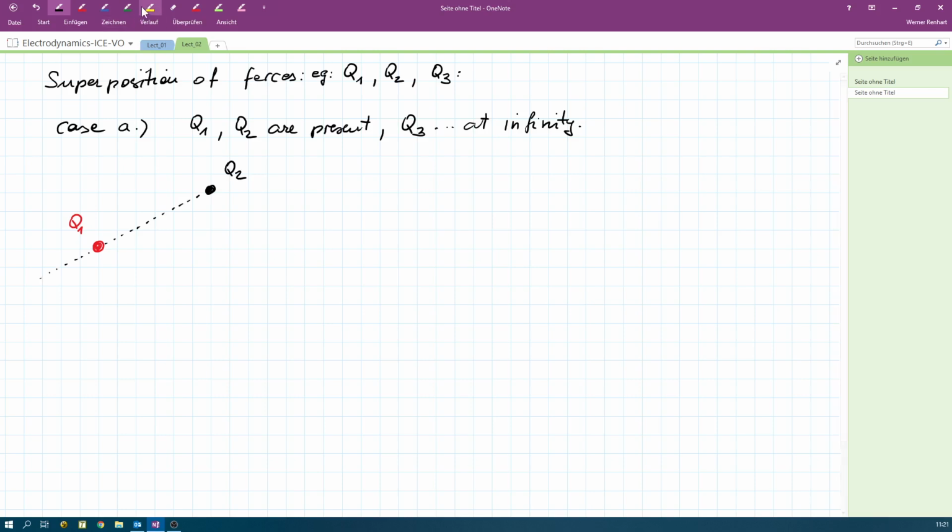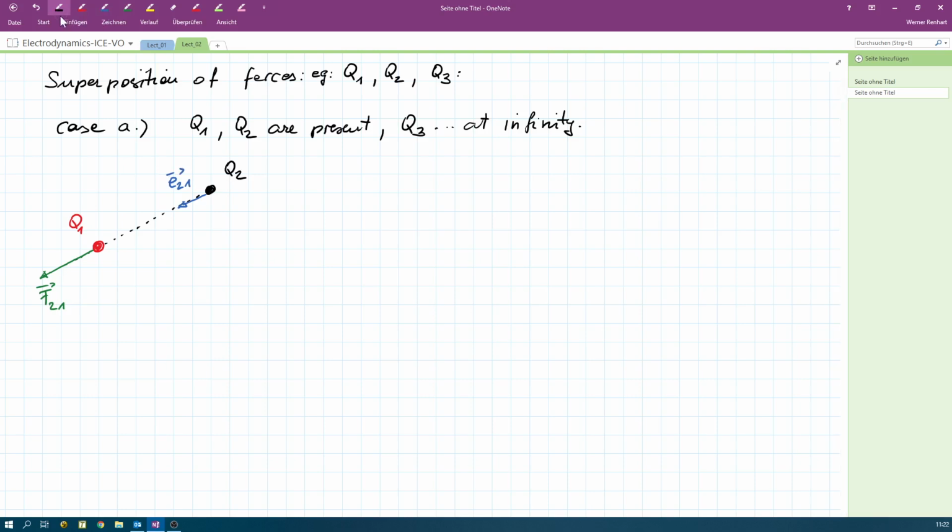Then we have the force F21 pointing from 2 to 1, and a direction unit vector pointing from 2 to 1, E21.